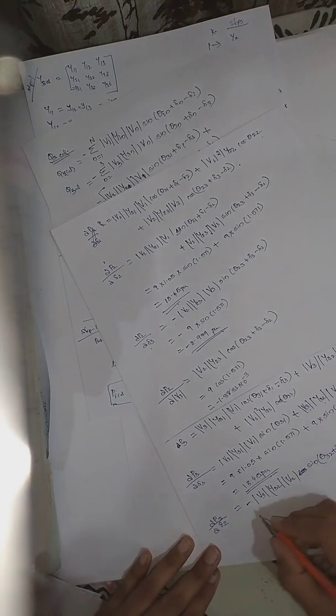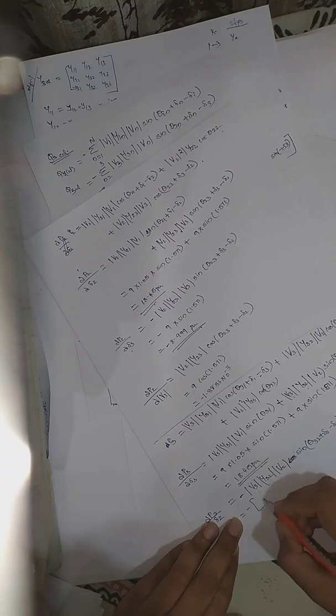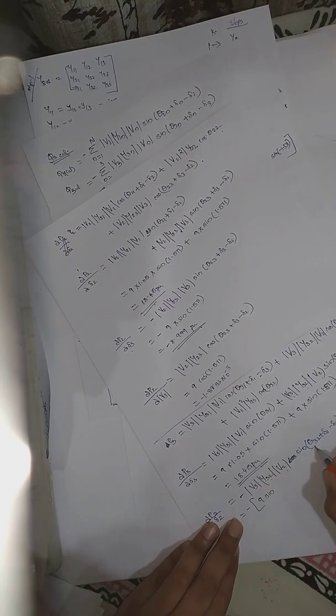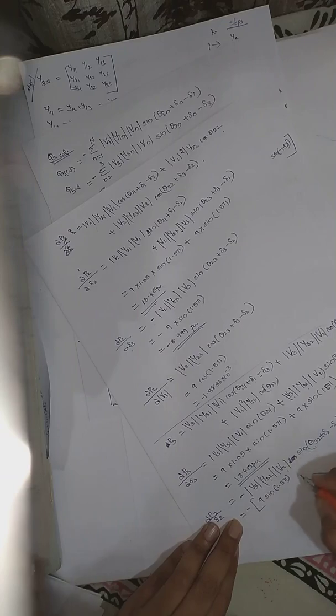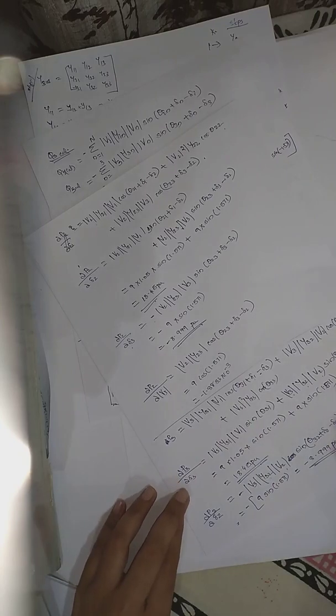So that will be equal to minus of V3 value is 1, Y32 value is 9, V2 value is 1 into sin of theta 32, that value is 1.571. That is minus 9 into 1.571, that is minus 8.999 per unit only. So dou P3 by dou delta 2 is found out, and dou P3 by dou delta 3 is also found out.